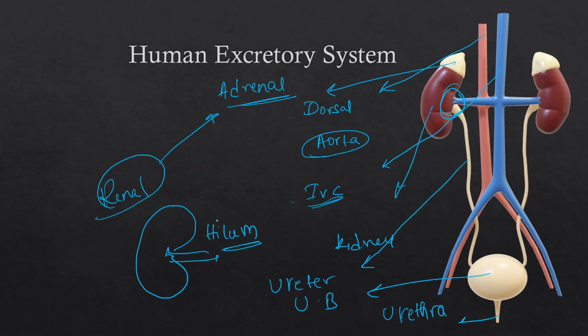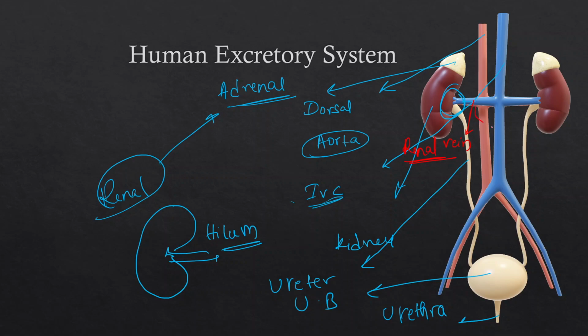Now this peculiar structure, these two vessels which are entering the kidneys: one is called as renal vein. I told all of you that anything associated with kidney is called as renal.